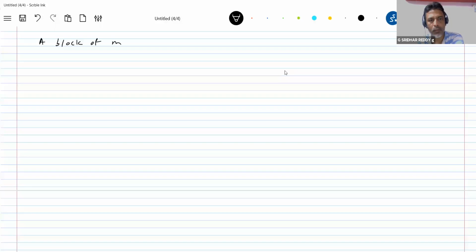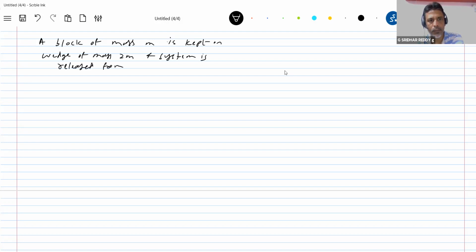A block of mass m is kept on wedge of mass 2m and system is released from rest.